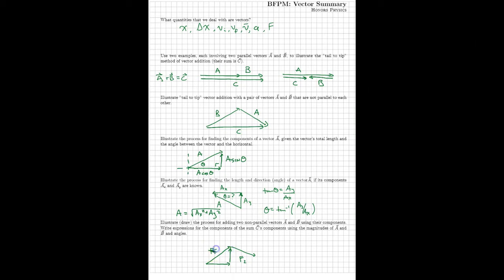I guess I shouldn't call them F1 and F2. I told you to call them A and B. So A and B, and I can break each one of them up into components. And so the total vector, the sum C, goes from the first tail to the last tip.